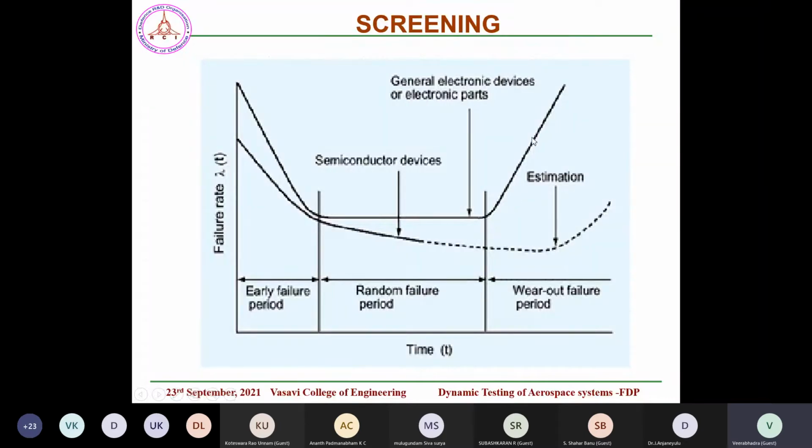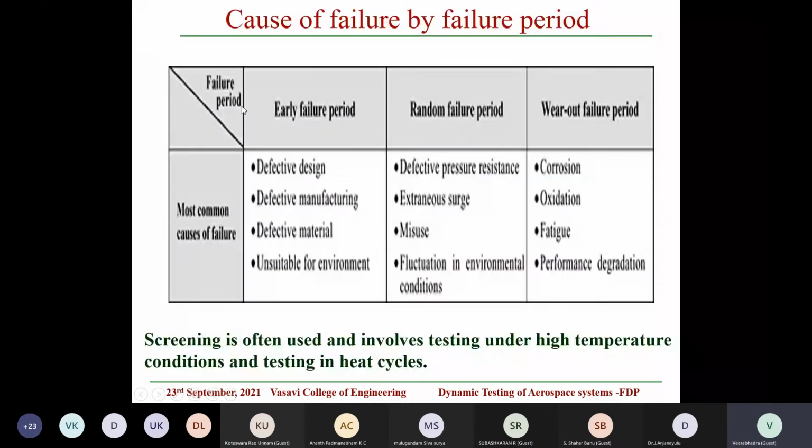If you look at the causes of failure by period, initially in the early period it is basically due to defective design. This is what we need to correct. If we can remove the defective design by testing, you will end up with random failures, which is fair use. Apart from that, early failures can also be due to defective manufacturing, defective material, and being unsuitable for the environment. Most tests will remove these early failures.